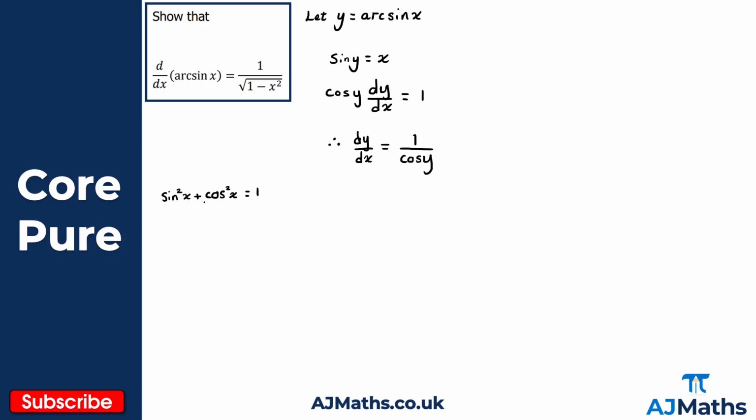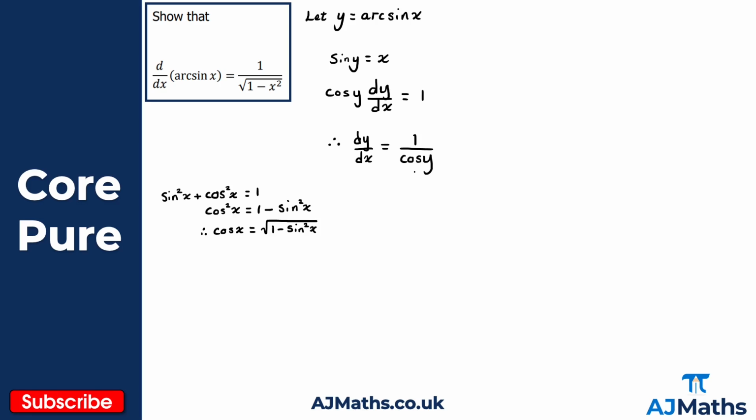I can now rearrange for cos squared x: cos squared x is equal to 1 minus sine squared x. If we simply want cos x, I need to take the square root of both sides. Therefore cos x is equal to the square root of 1 minus sine squared x.